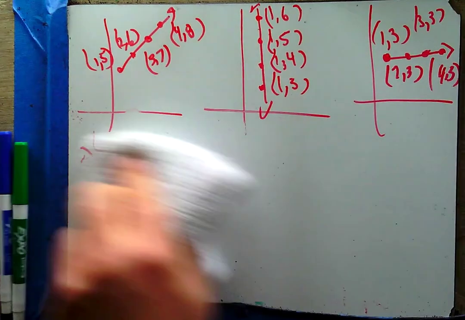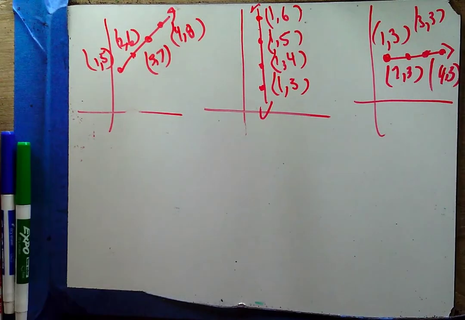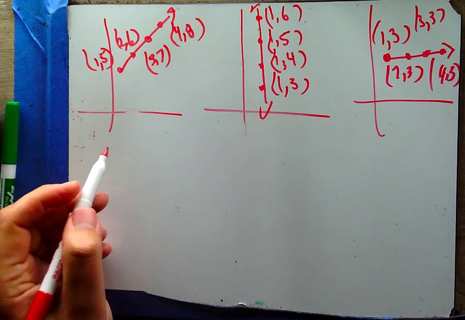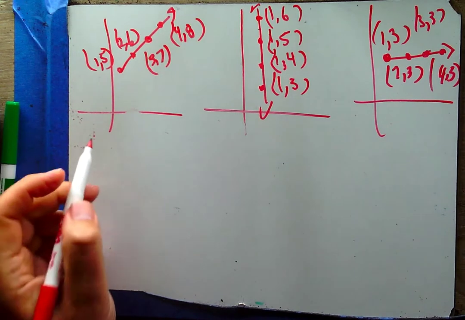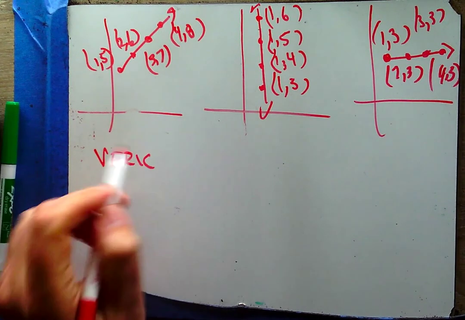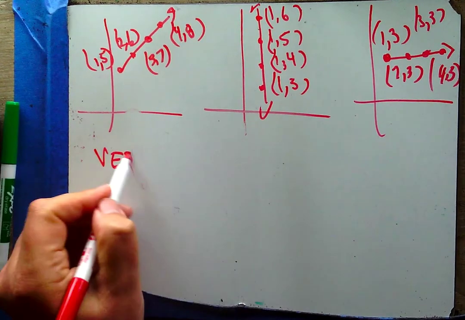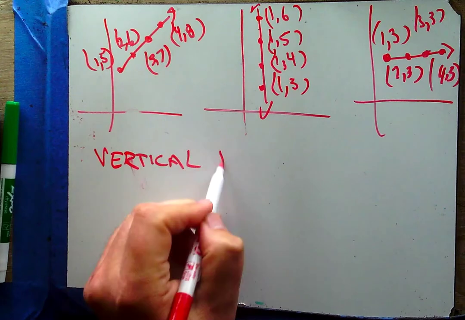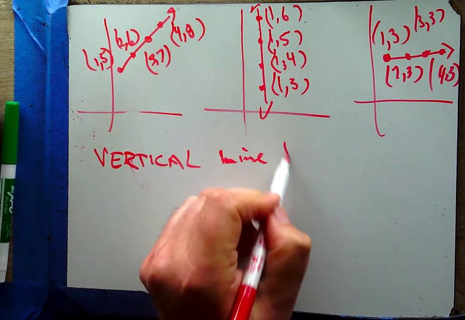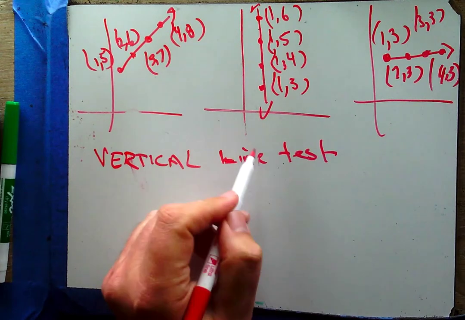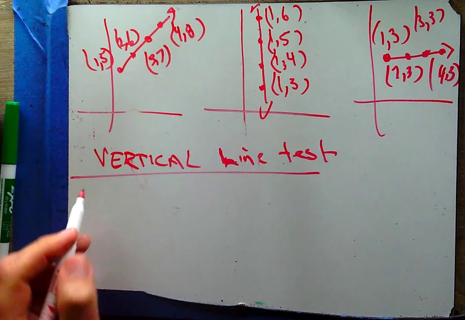Does anyone remember the graphical technique we had for determining whether the graph represented the graph of a function or not? That was the vertical line test.